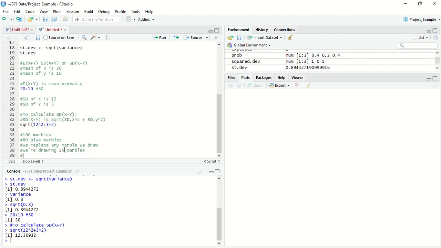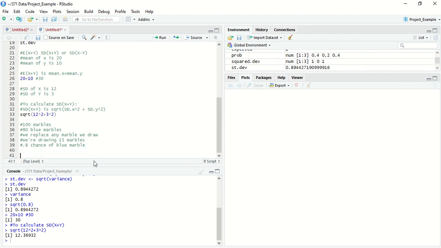This means we know there's a 0.8 chance of a blue marble. That's just because it is 80 over 100. That's a 0.8 chance. Now let's calculate the expected value, the mean, and the standard deviation.